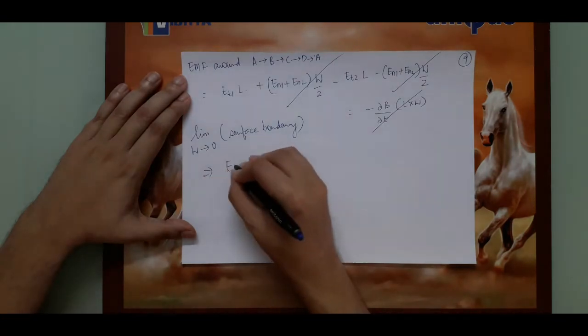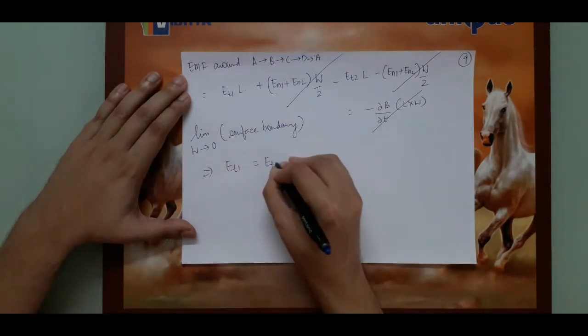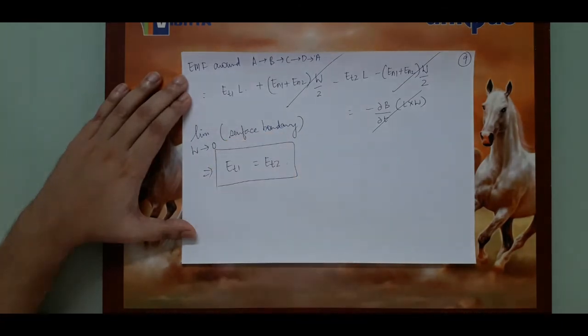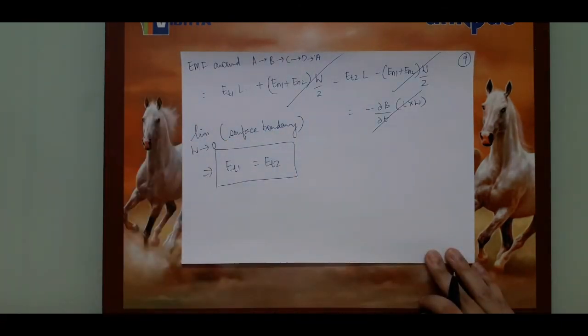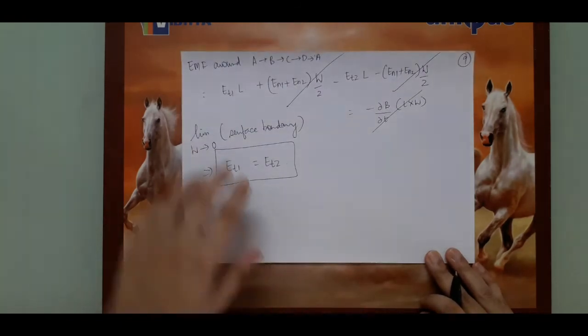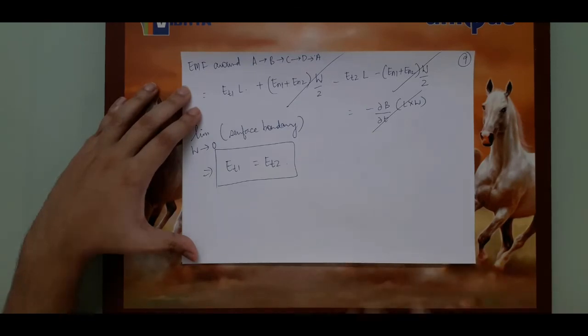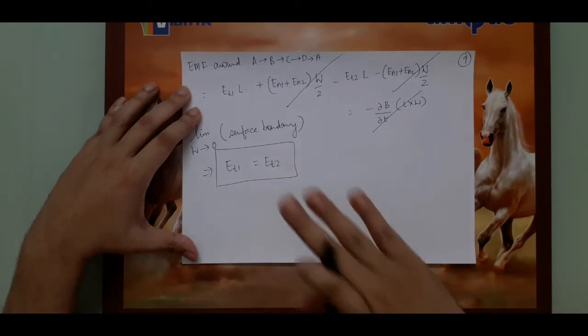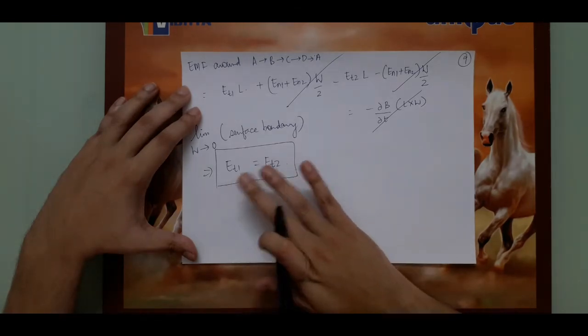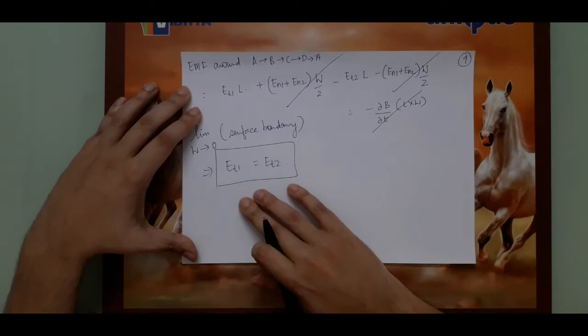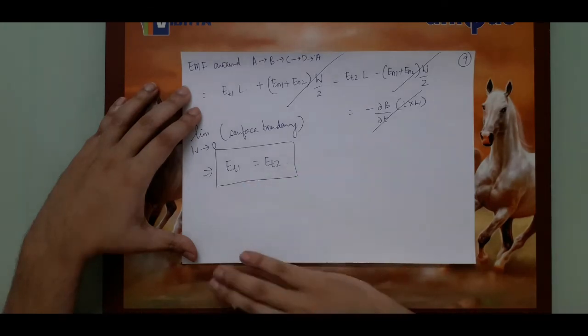That means this is the result. So what this proves is that the tangential component of the electric field in general is continuous across boundaries. The tangential component of the electric field is always continuous across boundaries.